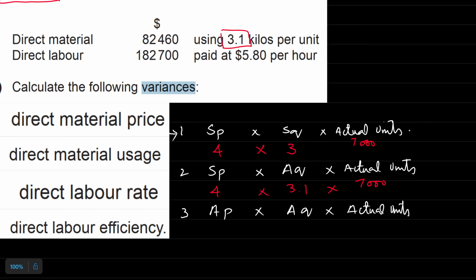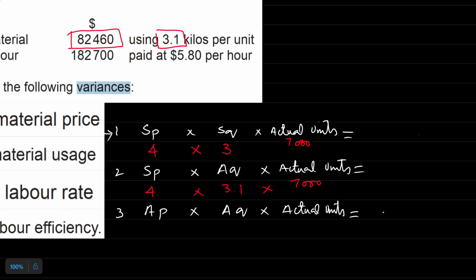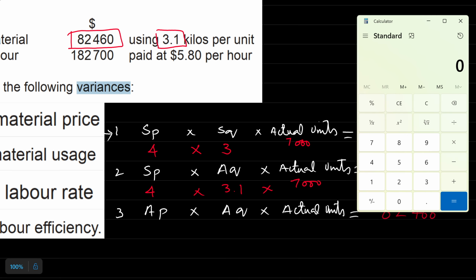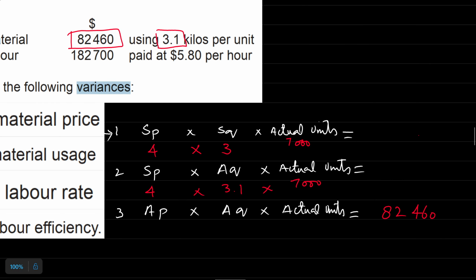Let us calculate the totals of each line. Students, actual value of material is already given, so this is the answer of the third line, 82,460. Now let us calculate the answers of the other two lines. First line, 4 multiplied by 3 multiplied by 7,000, it is equal to 84,000.